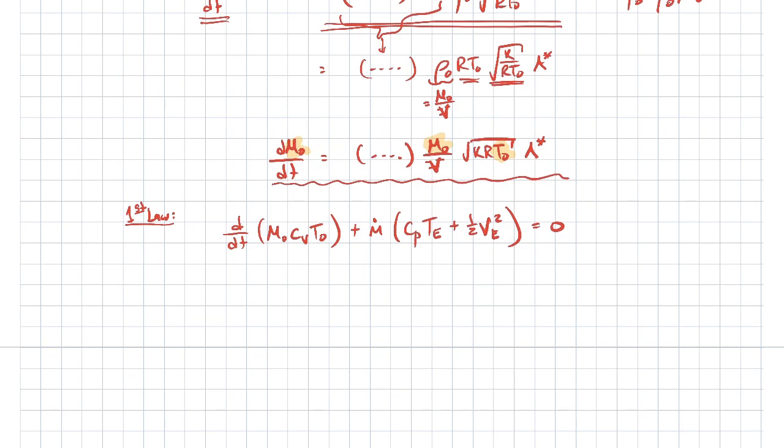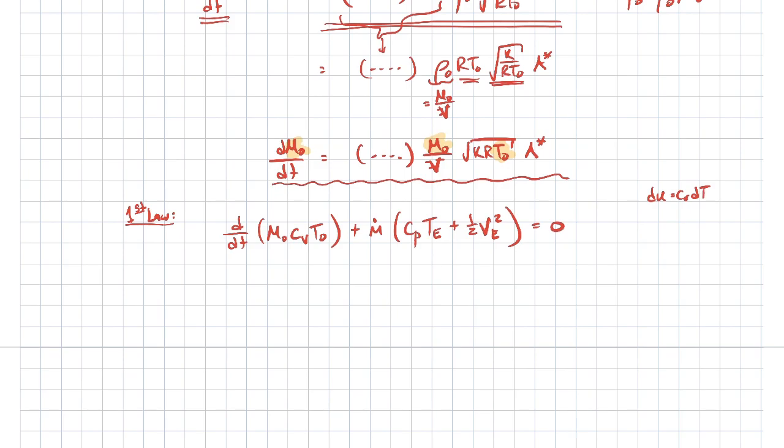What this term is, this is the time rate of change of total energy inside the control volume. So this is the mass inside the cartridge, and this is the internal energy inside the cartridge. So that's the specific heat at constant volume times the temperature inside the cartridge. Remember that specific internal energy looks like this, right?